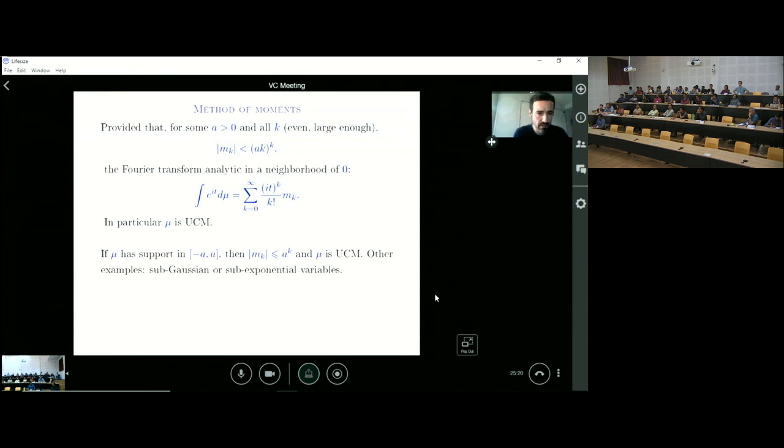This condition contains all measures of bounded support, sub-Gaussians, meaning distributions which have a tail lighter than a Gaussian, and sub-exponential variables. If you take an exponential variable with parameter 1, you will see that its moments grow like k to the power k.